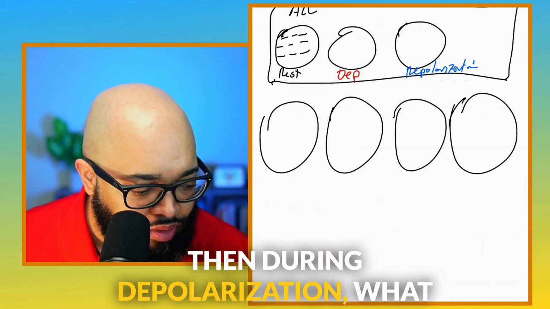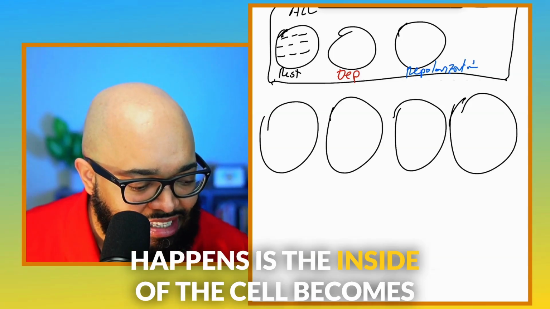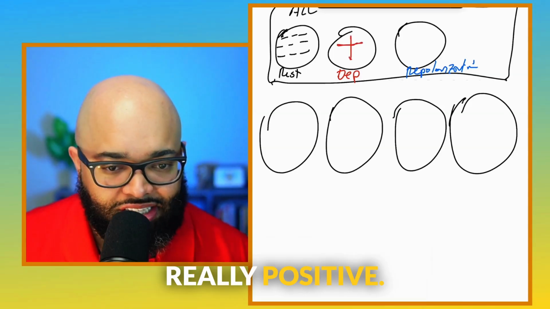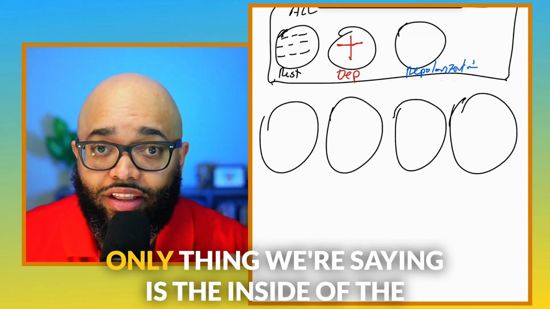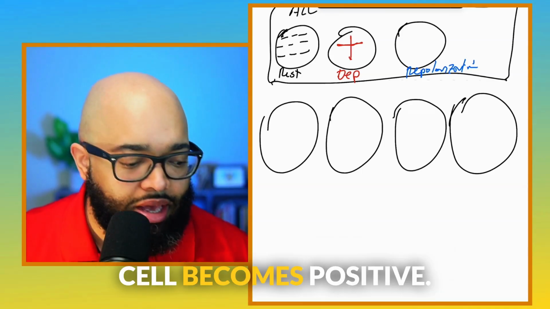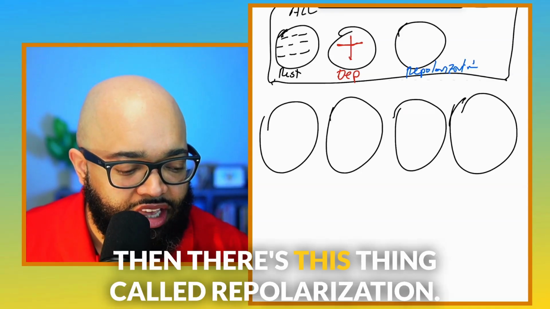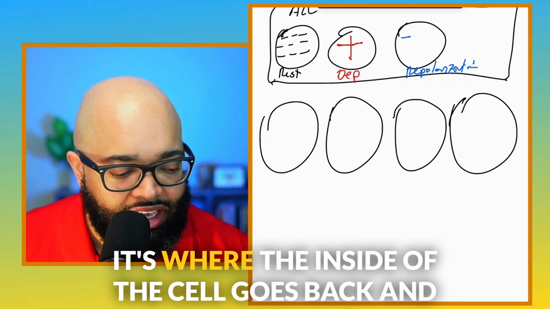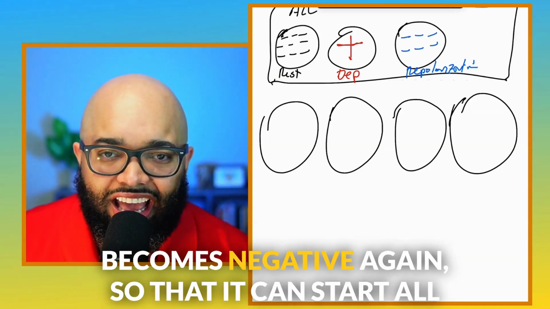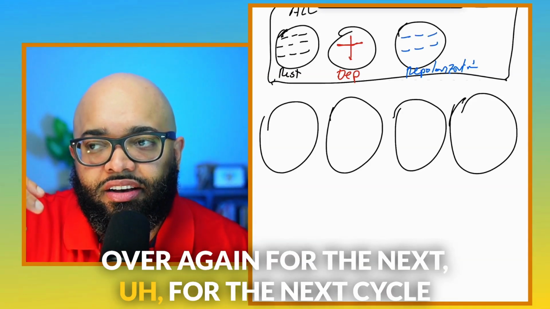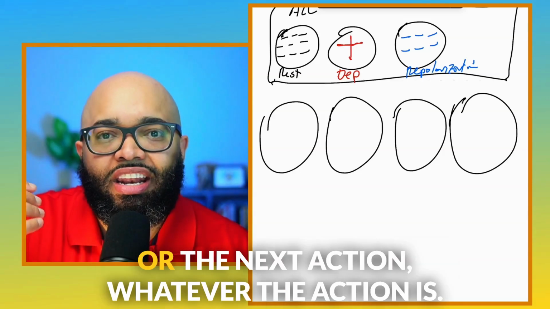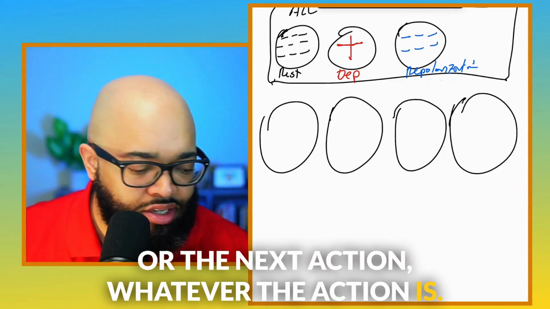Then during depolarization, the inside of the cell becomes really positive. So when we say depolarization, the only thing we're saying is the inside of the cell becomes positive. Then there's this thing called repolarization. It's where the inside of the cell goes back and becomes negative again, so that it can start all over again for the next cycle or the next action, whatever the action is.